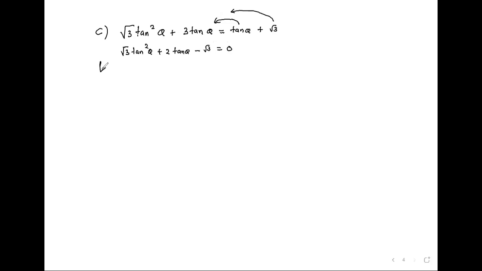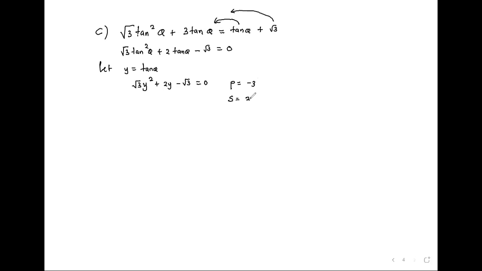So if we let y be equal to tan theta and substitute back, we'll have √3 y squared plus 2y minus √3 equals 0. If you multiply √3 by √3 to get the product, you'll get negative 3, and the sum is 2.